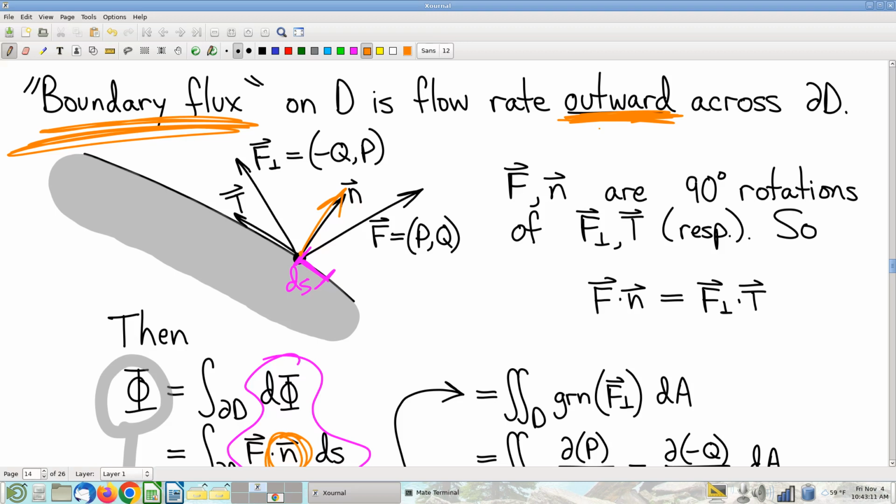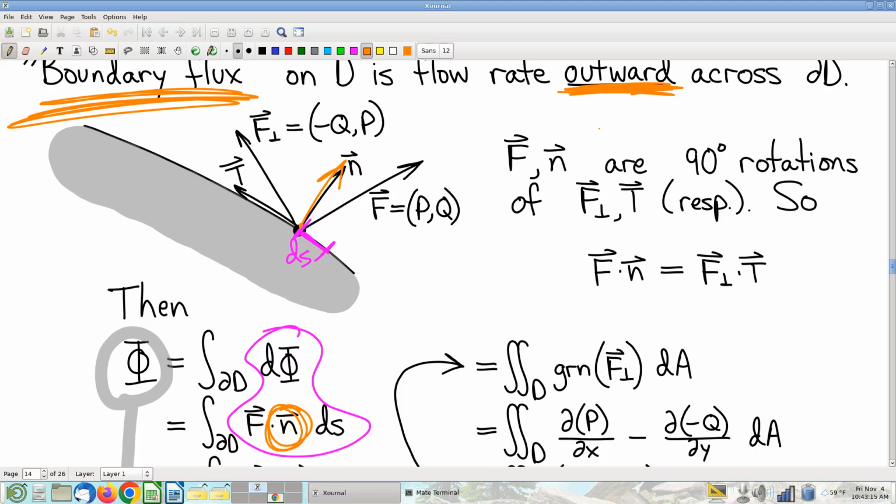So outward oriented boundary, and then again, here's the formula for flux: F dot n ds. So boom, that's how much flux there is through this little piece, and then of course you add up, integral over the entire curve to compute the whole flux, and boom, there's an integral.